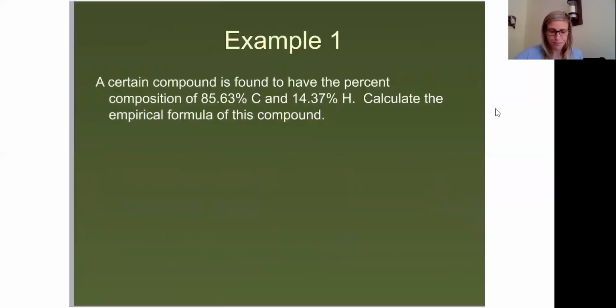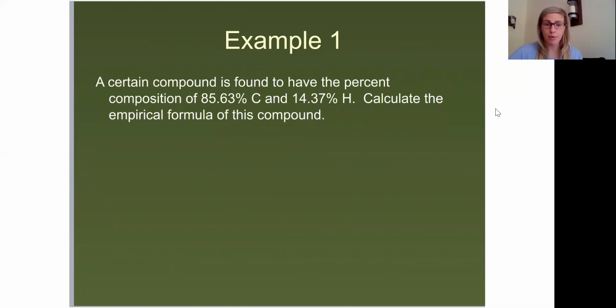First one. A certain compound is found to have the percent composition of 85.63% carbon and 14.37% hydrogen. Calculate the empirical formula. For our first part, I already have the percentages, so I don't need to figure out the percent. Step number 2, take your percentages and switch them into grams.